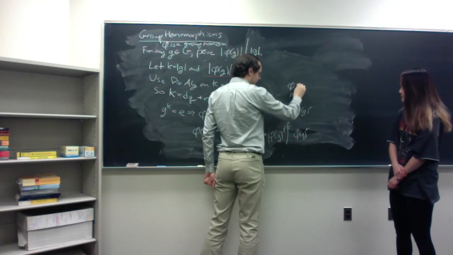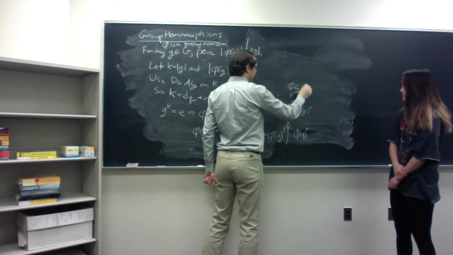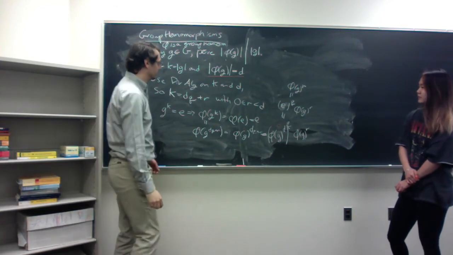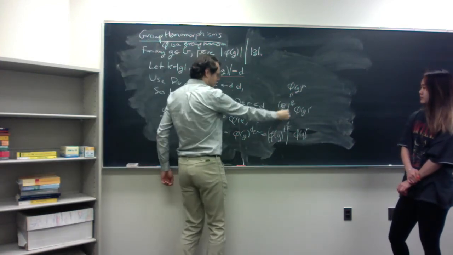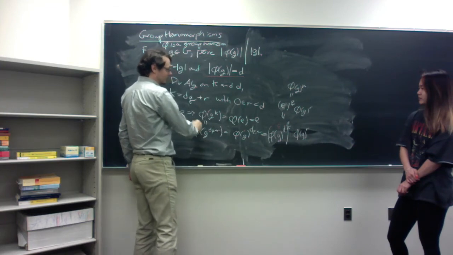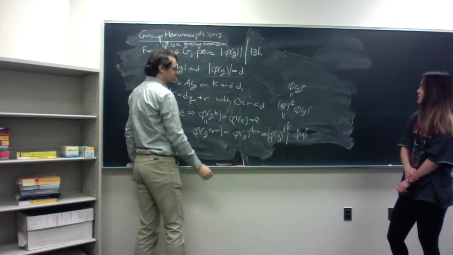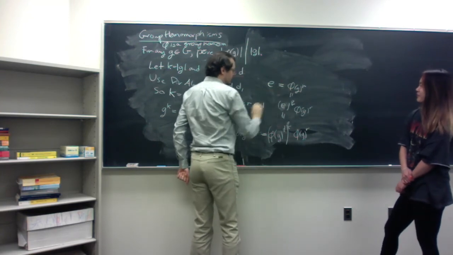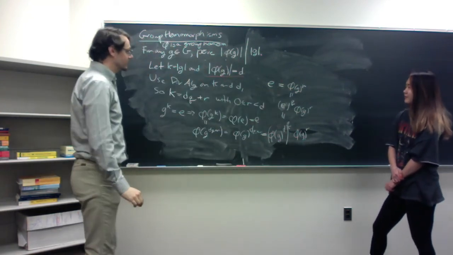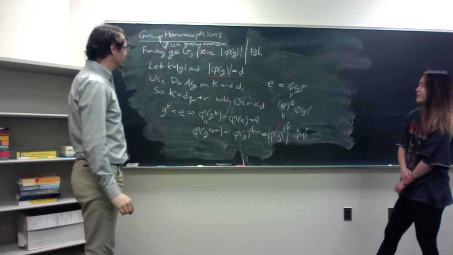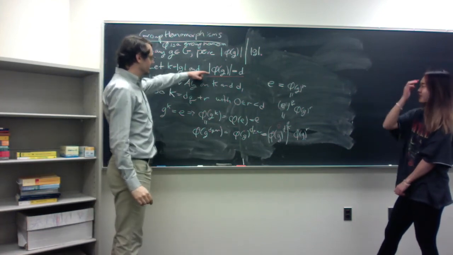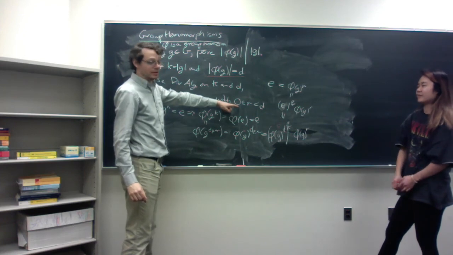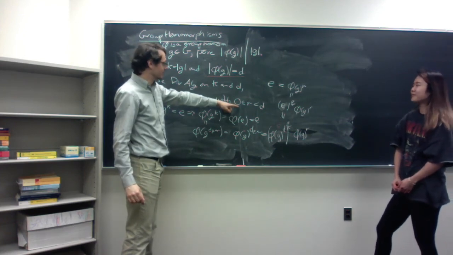This is just phi of G to the R. And now if we follow through this huge chain of equalities, we get back to this E. So I have E equals phi of G to the R. And have I learned something? Well, D was supposed to be the order of phi of G. R is strictly smaller and has the property that the Rth power of phi of G is the identity.